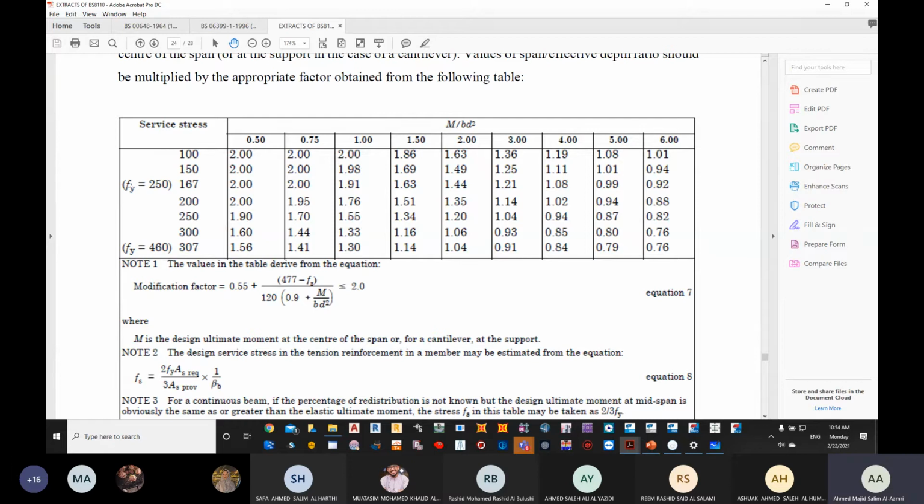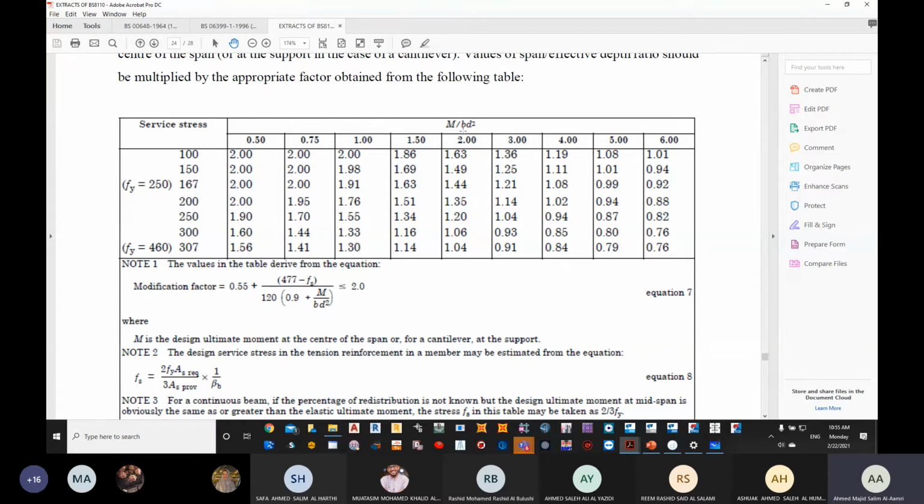If fy is 250, then this is the typical service stress. In case of fy 460, which is the type of reinforcement we are using, the service stress normally starts from 307. But that's not our concern. Our concern is that we are using fy 460. Now you can see that there are different values for fy 460.